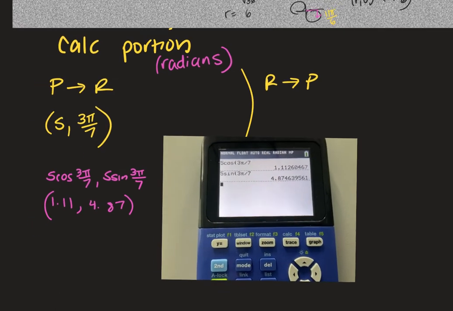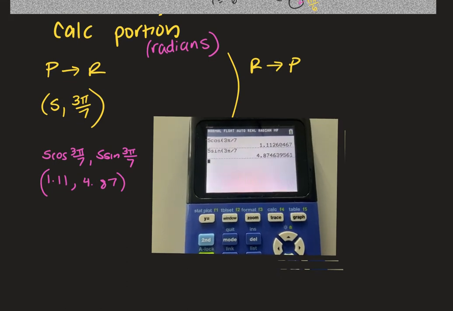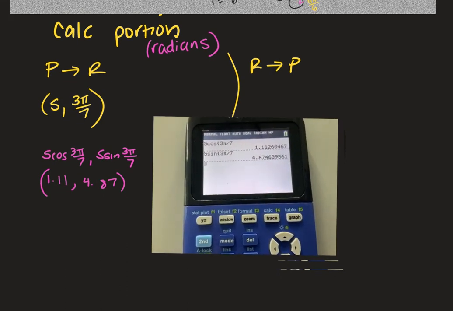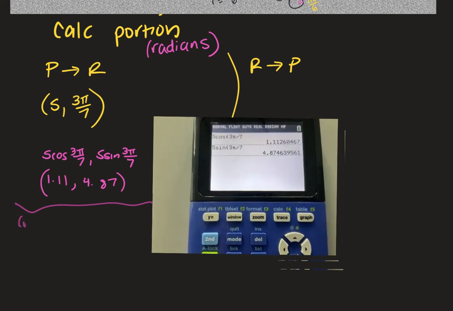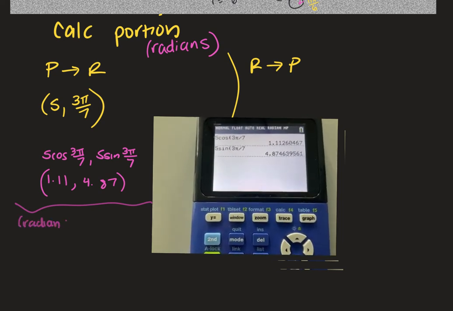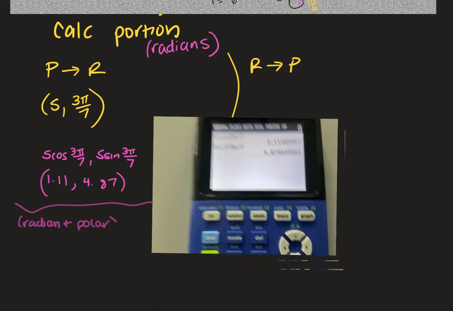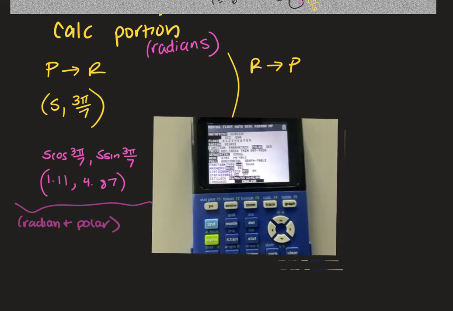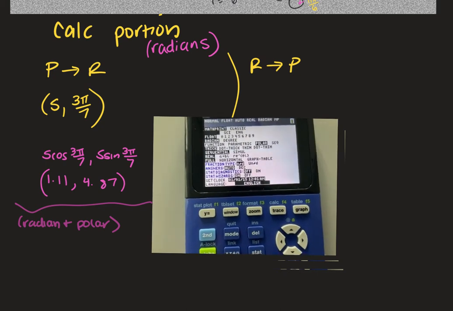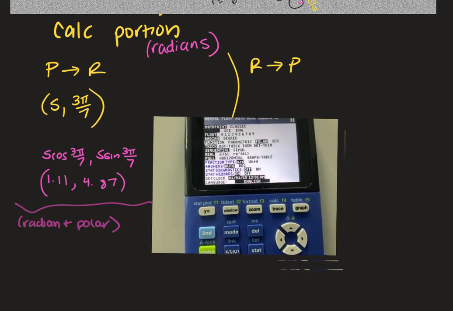The other way is using the shortcut keys, if you have the TI-84. For that, you need to be in radians. It goes to radians, not to polar, but to radians.